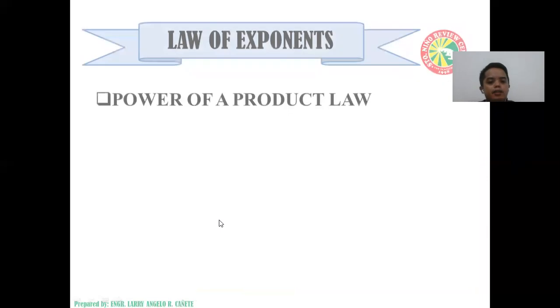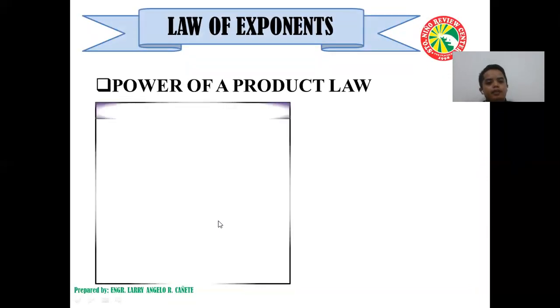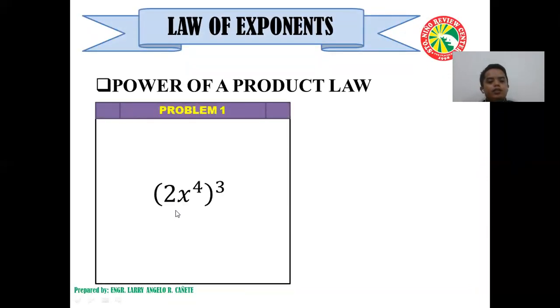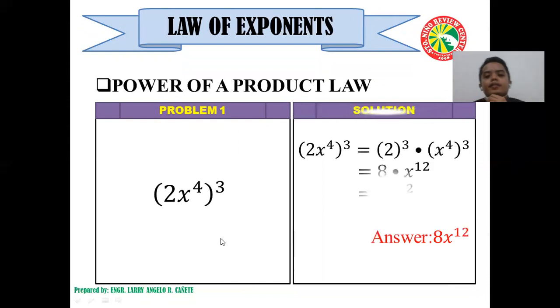For example, 2x to the 4, raise the entire quantity to the cube or 3. The answer is 8x to the 12. So how do I come up with 8x to the 12? First, you distribute.